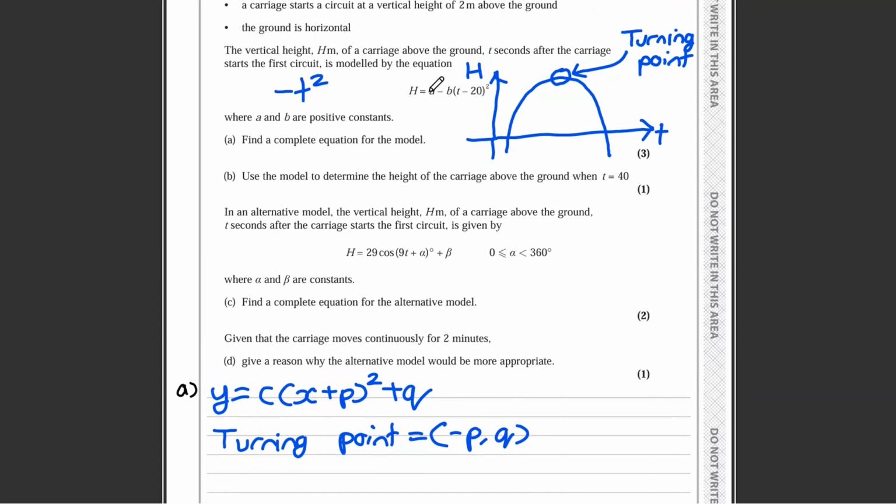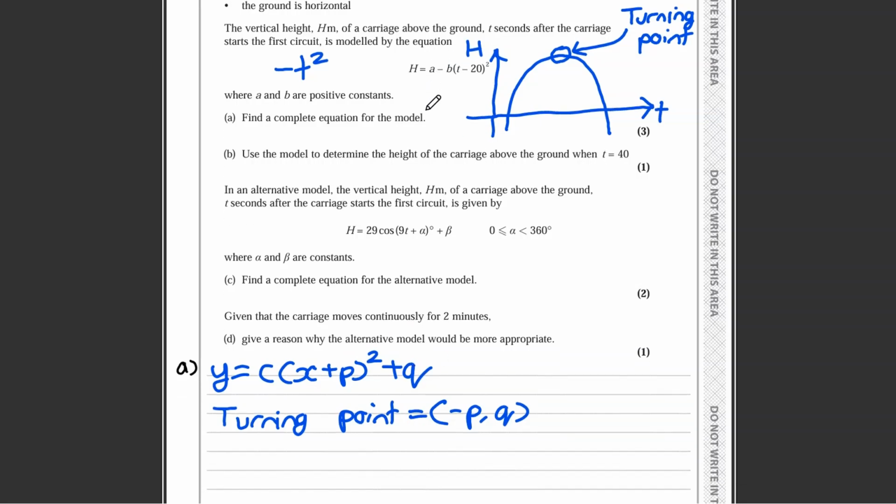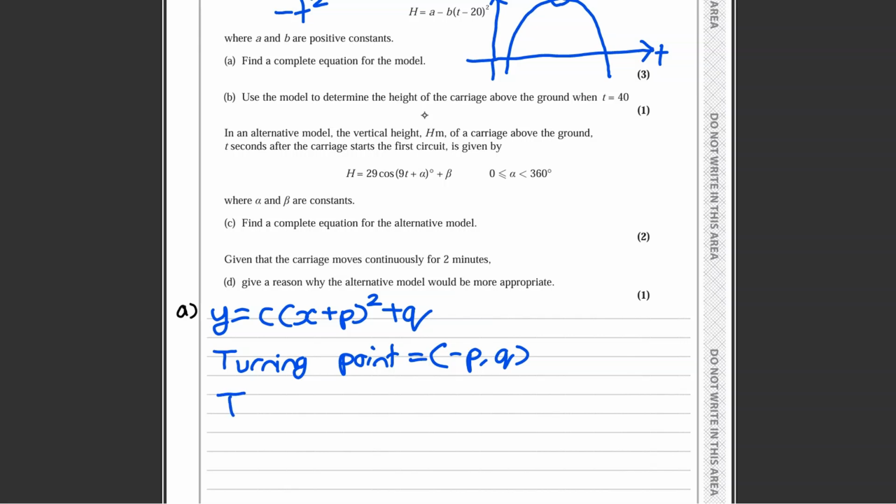So if we look at our completed square format here, we can see that this p here is this minus 20, and the q here is this a. So the turning point is going to be minus p, so it's going to be minus minus 20, so it's going to be 20, and then it's going to be a here.